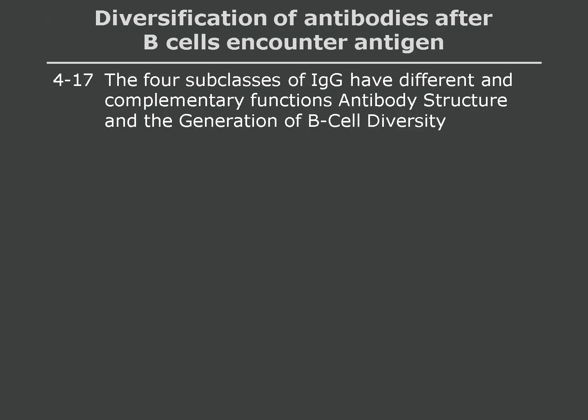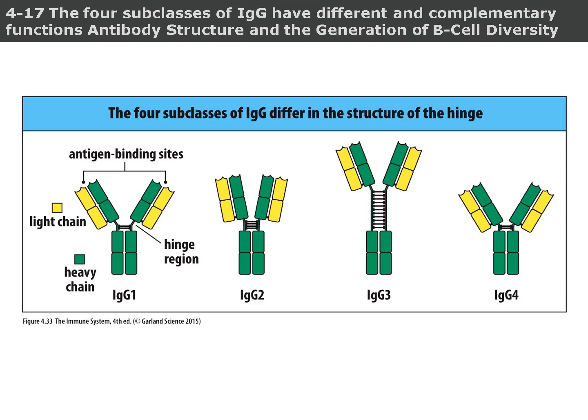The four subclasses of IgG have different and complementary functions, antibody structure, and the generation of B-cell diversity. This figure illustrates the structural differences among the four subclasses of immunoglobulin G, focusing on their hinge regions. Each antibody consists of two light chains and two heavy chains.